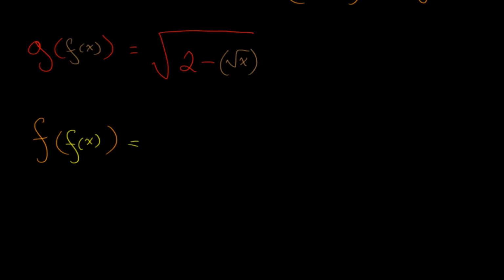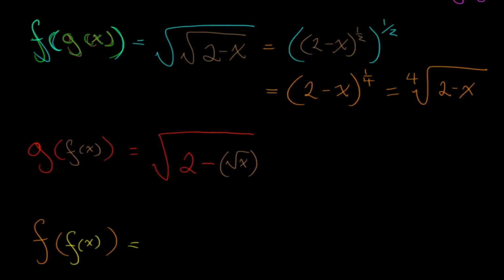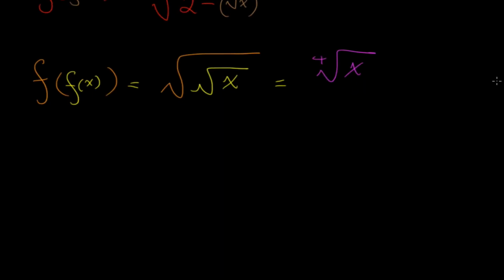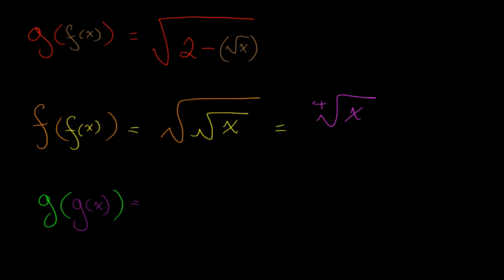So this is equal to, since f of x is square root x, square root of square root x, which is the same as we learned before, 4th root x. Simple as that.